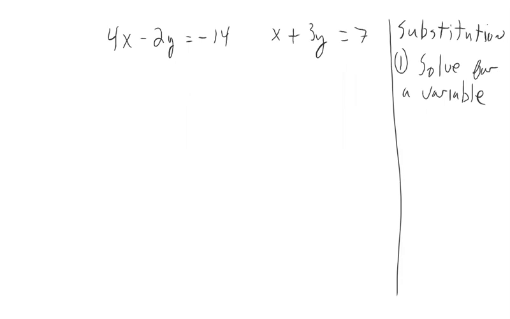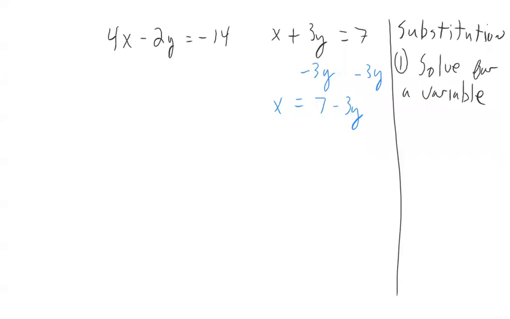So I kind of like to look at the equations. I can look at the second equation. I can see x is almost already by itself. It has no coefficient attached to it. So if I subtract 3y from both sides, I get x equals 7 minus 3y. All right, so there's step 1 done.